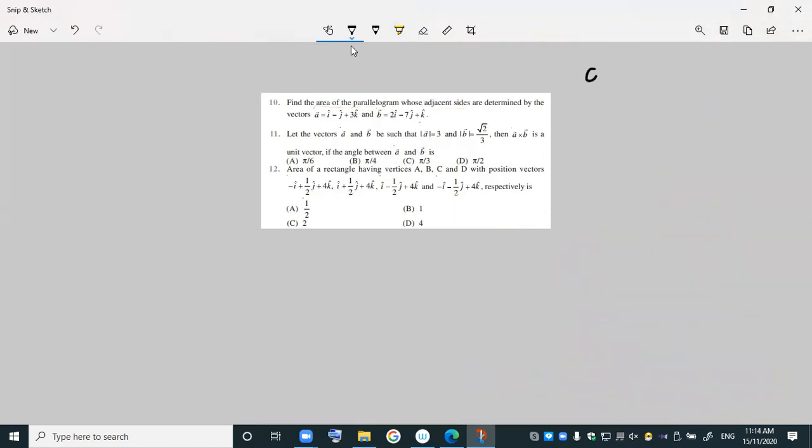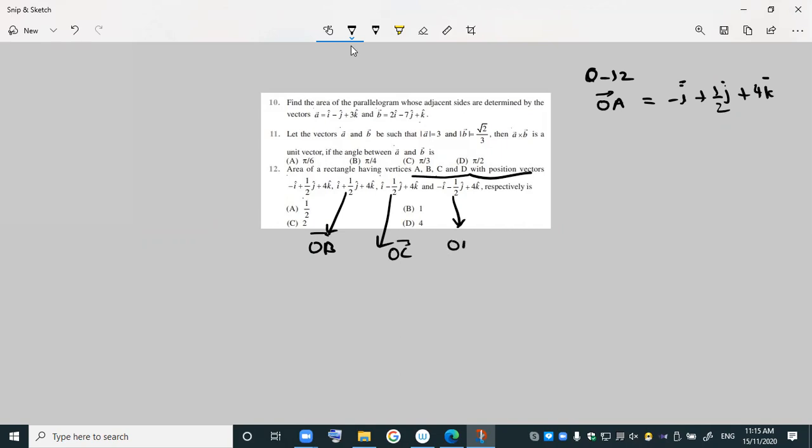So here you have given in question number 12 position vectors of the points. That means this OA is equal to minus i plus 1 by 2 j plus 4k. Like this will be OB and this will be OC and this will be OD.